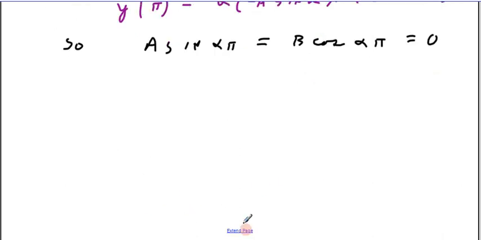Okay, so if a is equal to 0, then b can't be equal to 0, otherwise you have a trivial answer.